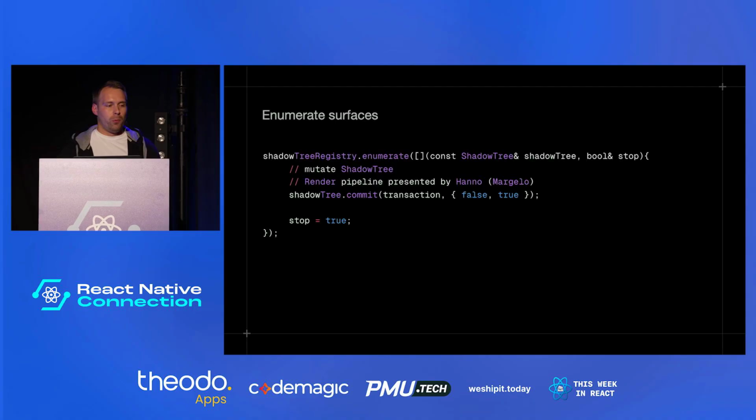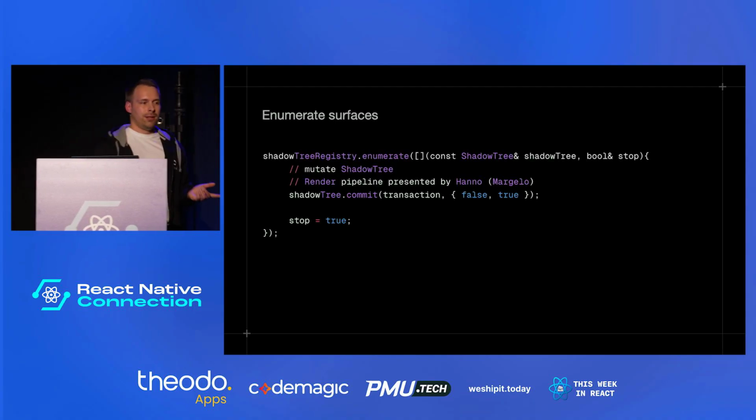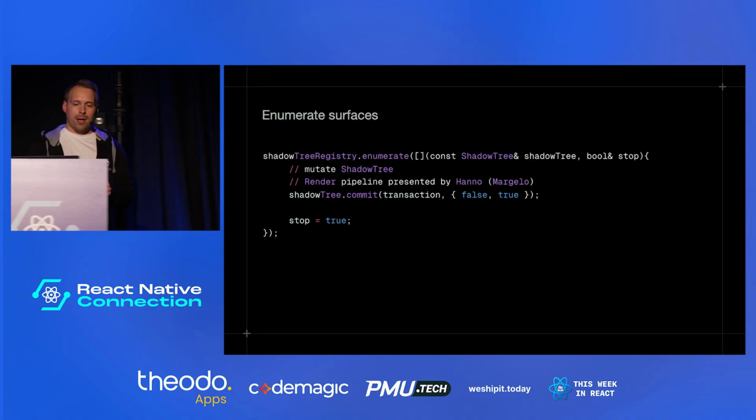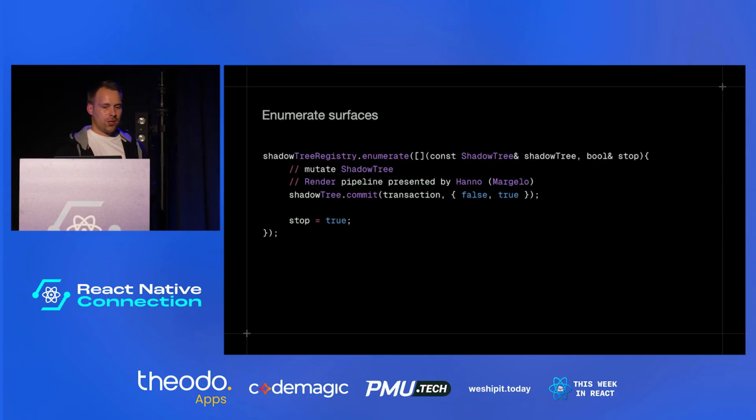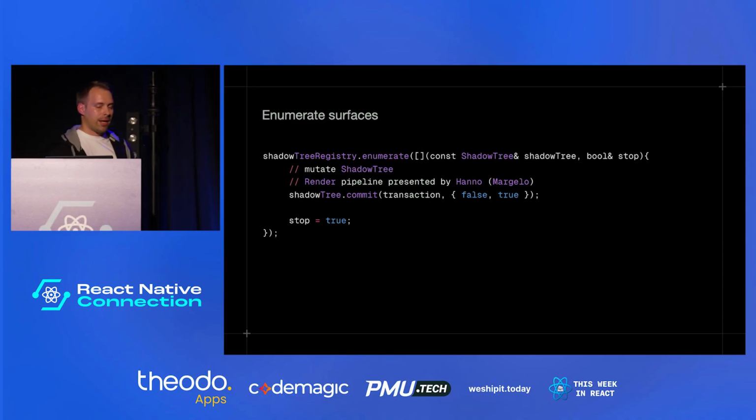Now, if we have refs, if we have Unistyles, if we have shadow tree, then we can do two things. We can get shadow tree based on the surface ID, or this is like the second method where you can enumerate all the surfaces.